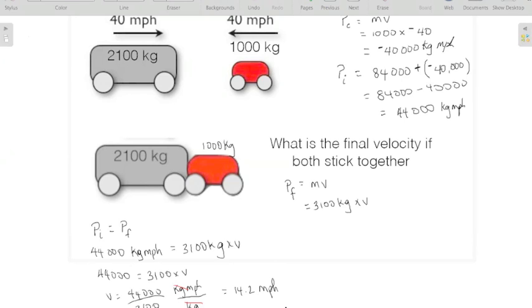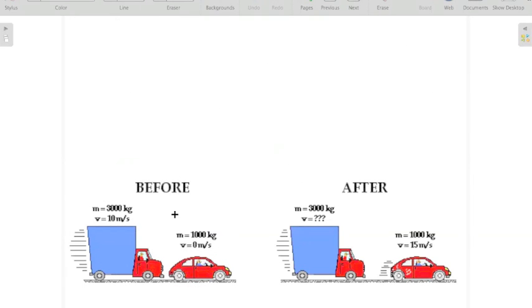You follow? Okay. Let's try this one. This one says that, well, another truck and car, right? Both of them moving now in the same direction. But after they collide, they don't stick together. The car was stationary because you see V here is 0 meters per second.